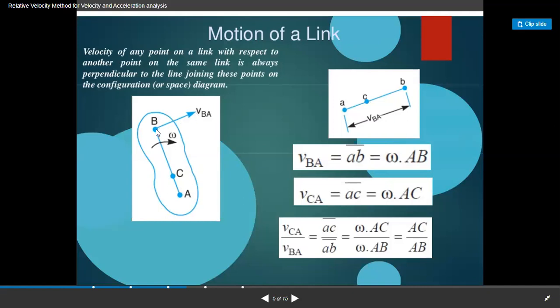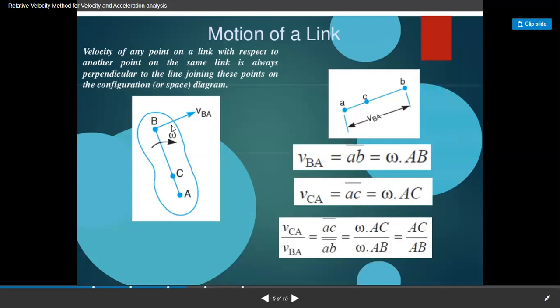So the linear velocity is in the direction perpendicular to the link, and it is VBA, the velocity of B with respect to A. The velocity of any point on a link with respect to another point on the same link is always perpendicular to the line joining these points on the configuration diagram.